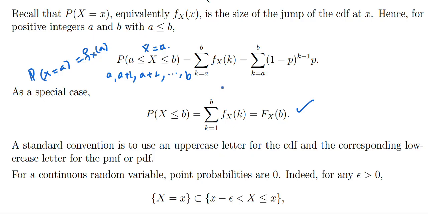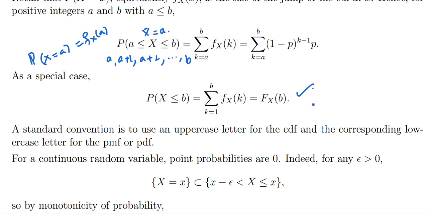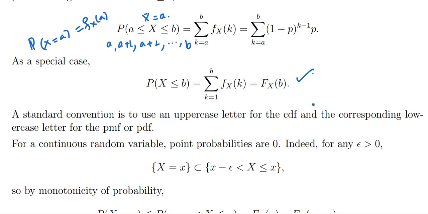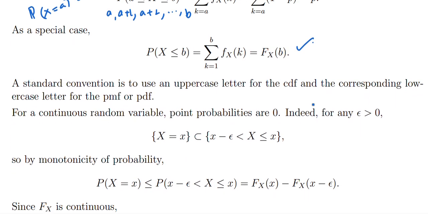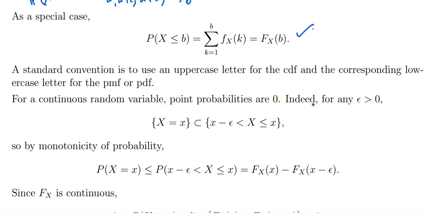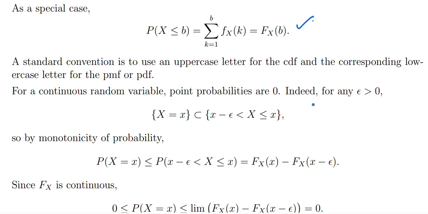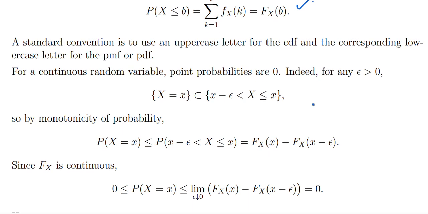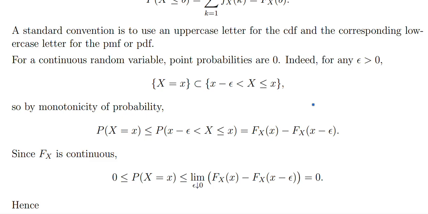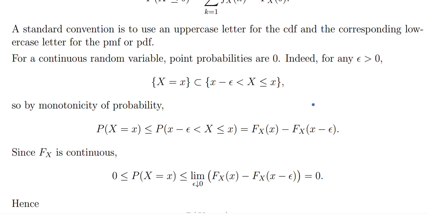The standard convention is to use uppercase for the CDF and lowercase for the PMF or PDF. For a continuous random variable, point probabilities are zero.